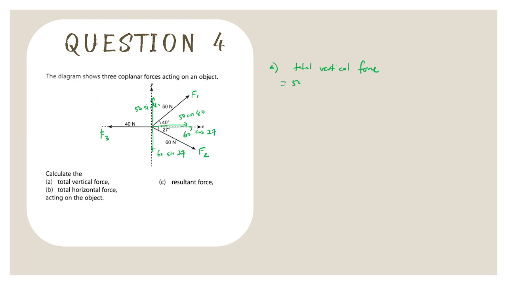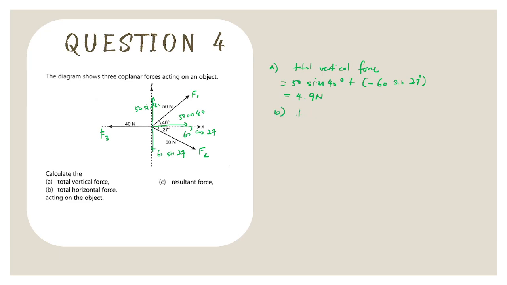So we have 50 sine 40, okay, plus with negative. Okay, I hope you know why it's negative. Sine 27 degrees. Okay, and is equal to 4.9 Newton.